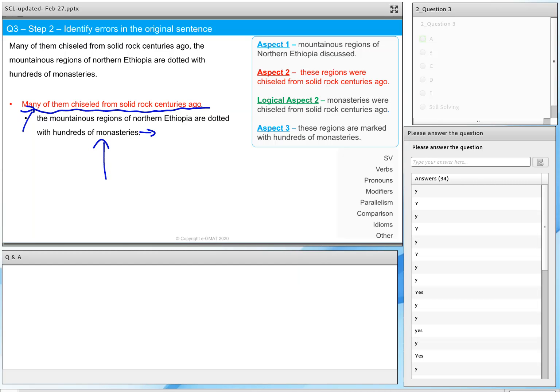So see, I have still not looked at the answer choices. We are still working through our original sentence. But by doing this diligent evaluation of the original sentence, I kind of know how my correct answer choice should look, and what's going to be there.